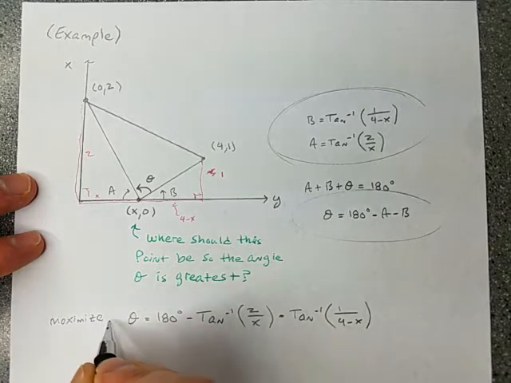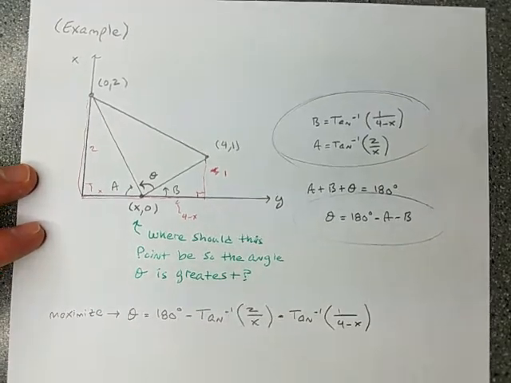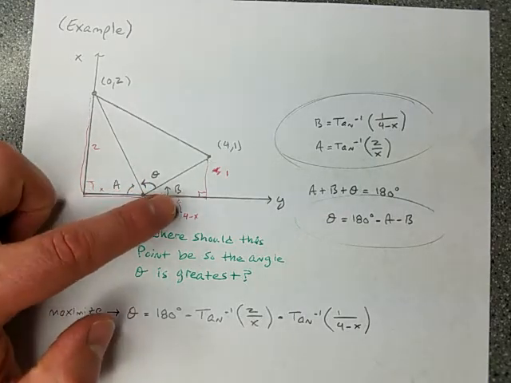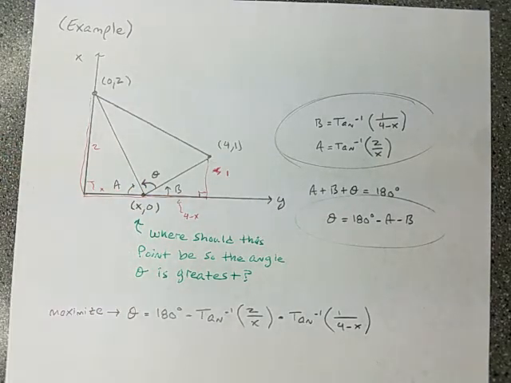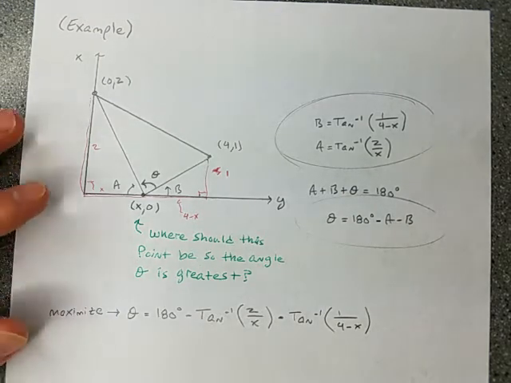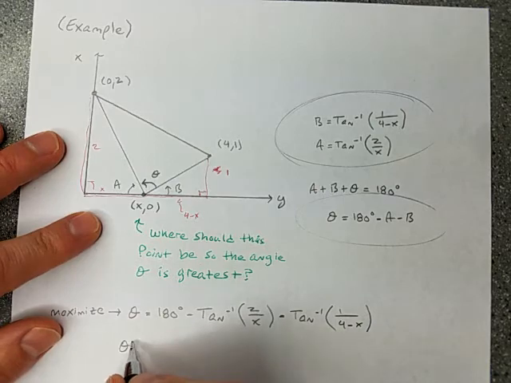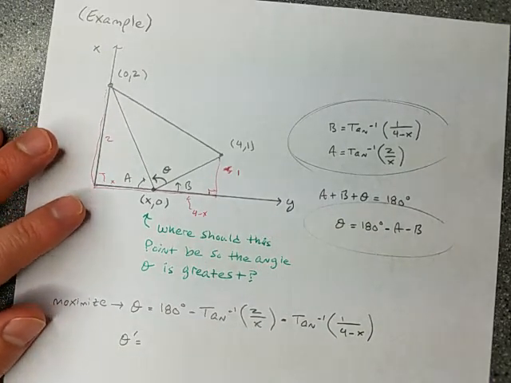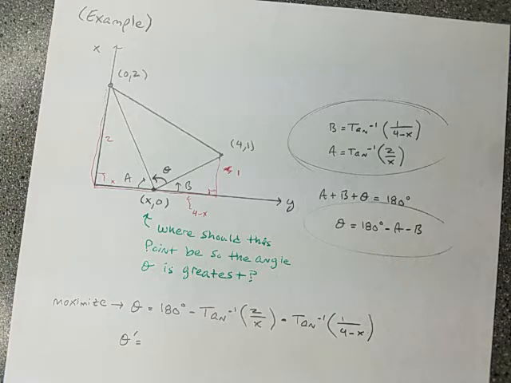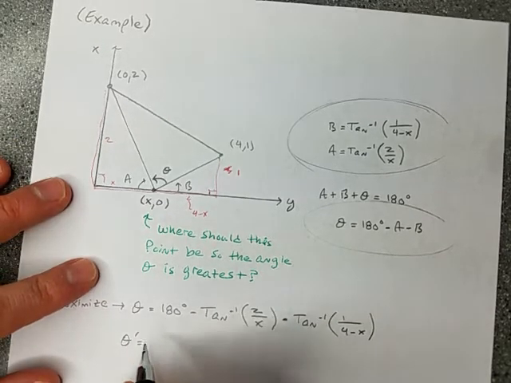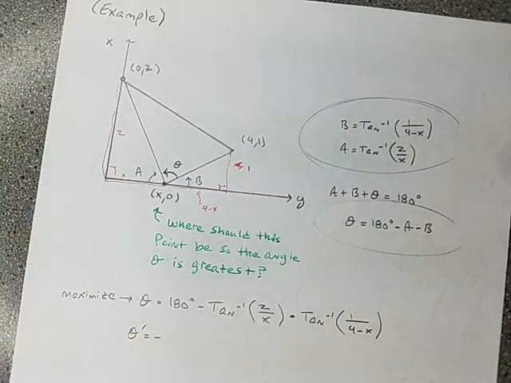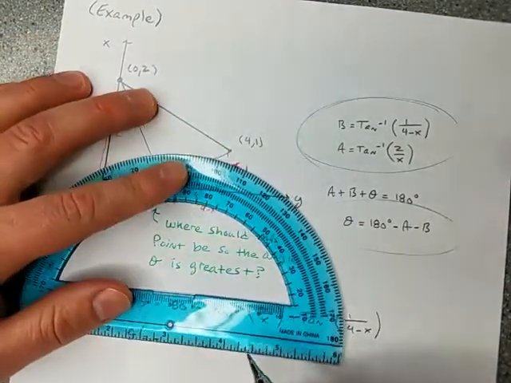Through this equation, I can find out the biggest that angle could be based on the various locations I could put that point. What will that involve? That will involve finding theta prime, the derivative. Let's do this, my first step I'll get negative. What's the derivative of tangent inverse of u?